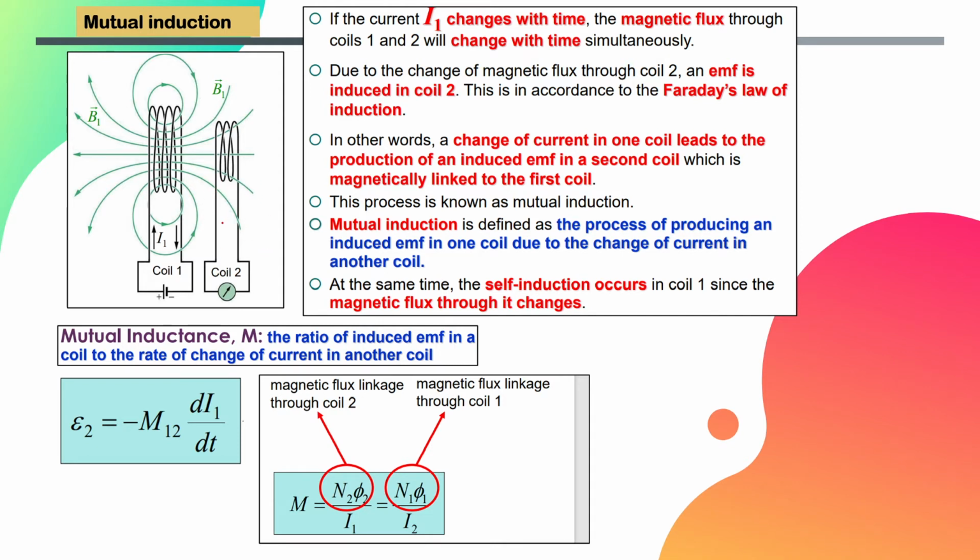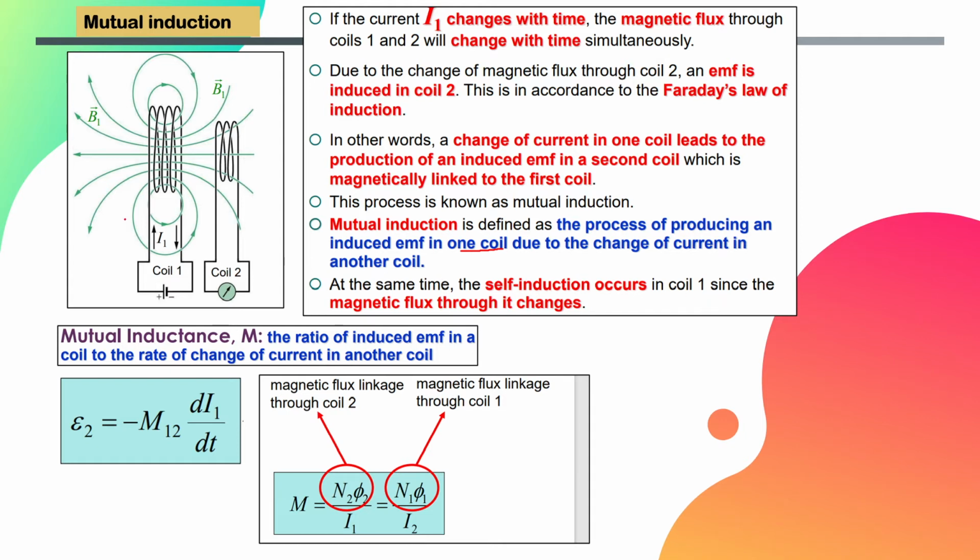This process is known as mutual induction, where the definition of mutual induction is the process of producing an induced EMF in one coil, this is referred to coil 2, due to the change of current in another coil, coil 1. At the same time, self-induction also occurs in coil 1.